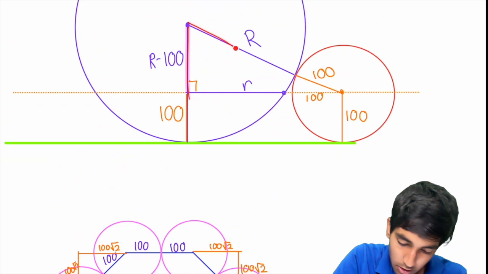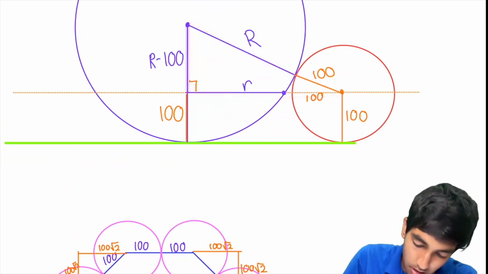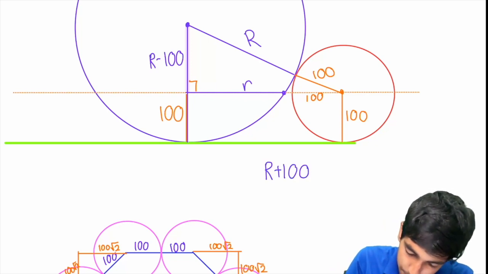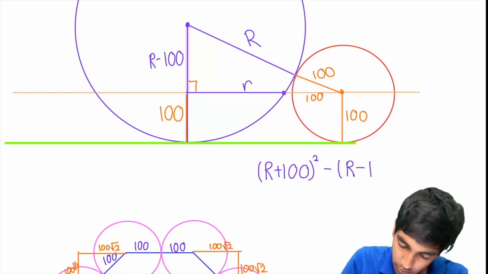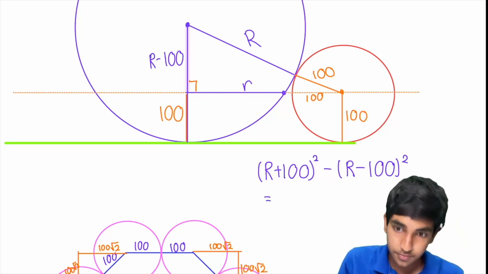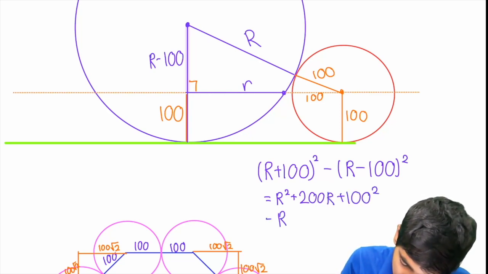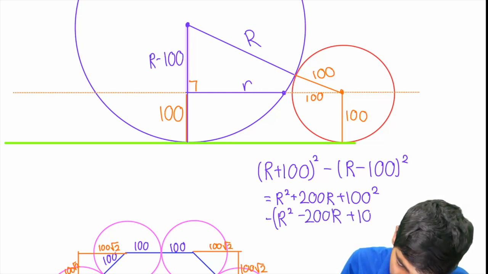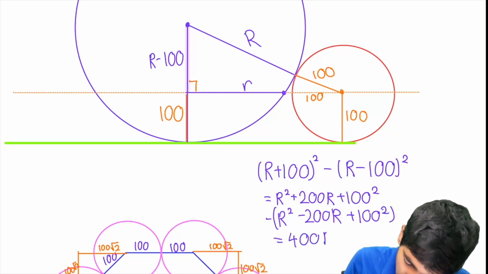We have R minus 100, R plus 100. Let's use the Pythagorean theorem to find this length. (R + 100) squared minus (R - 100) squared equals 200R plus 100 squared minus R squared minus 200R plus 100 squared, and this becomes 400R.